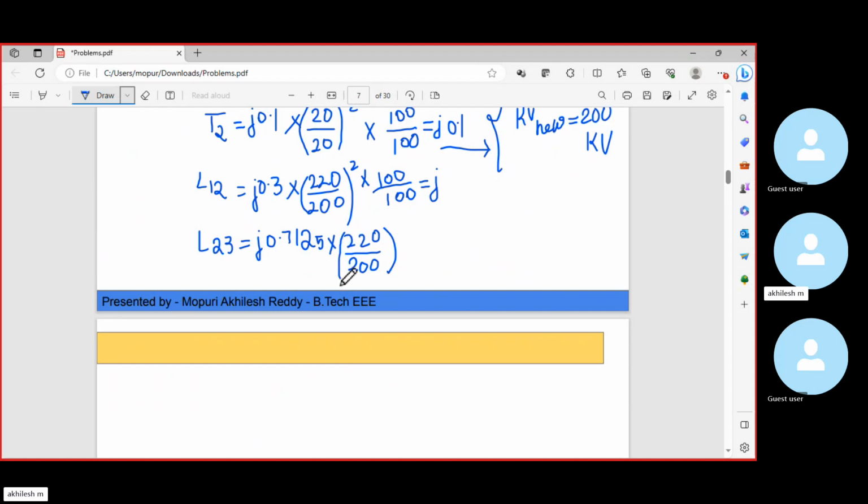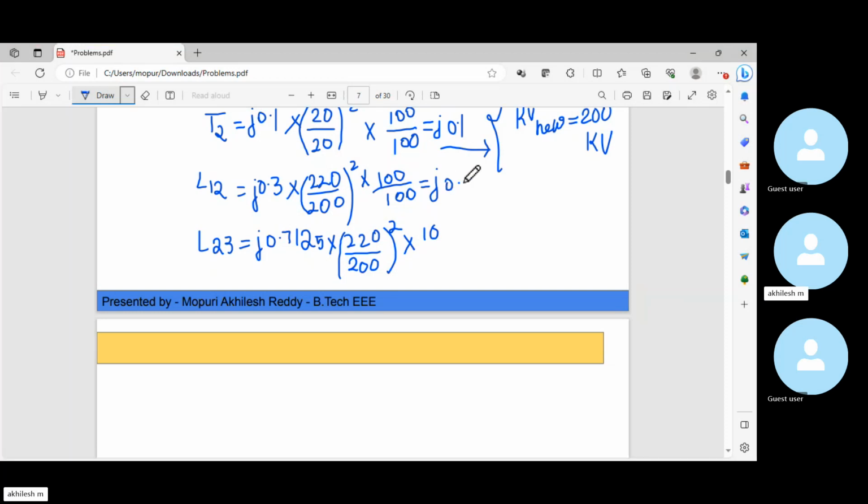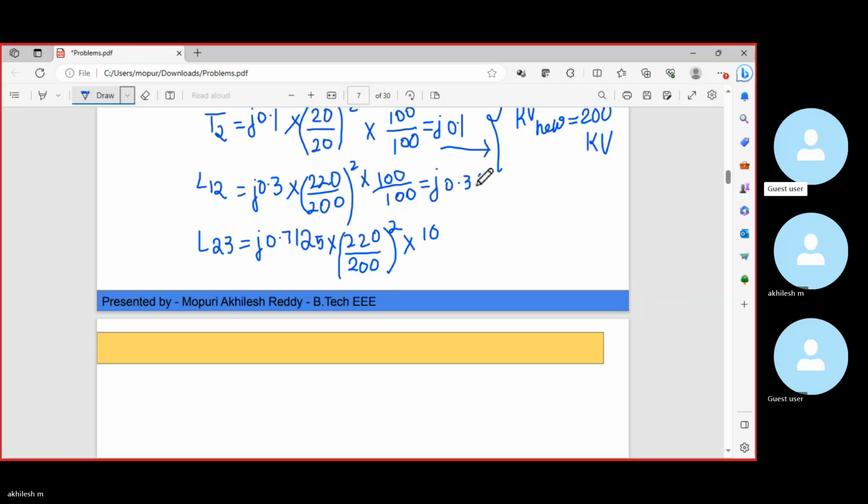Here also it is 1.21 into 0.7125. Akhilesh, L12 is 0.363. Yeah. L23 is 0.862125.